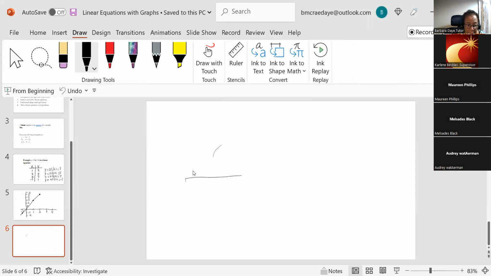Here's a number line. Always be able to draw a number line, right?